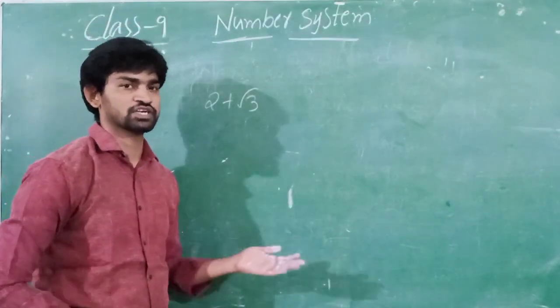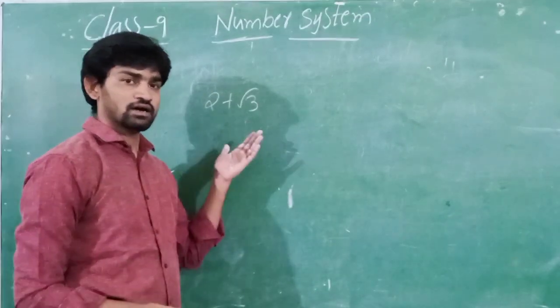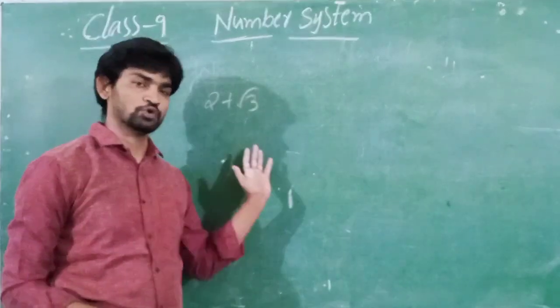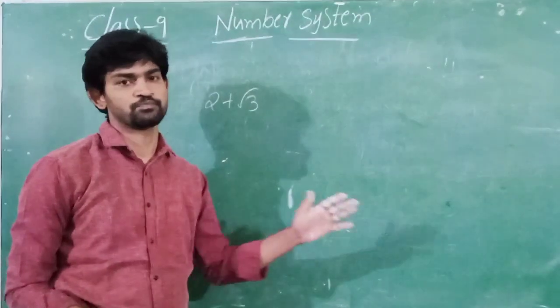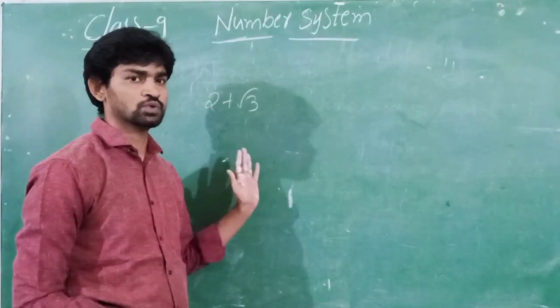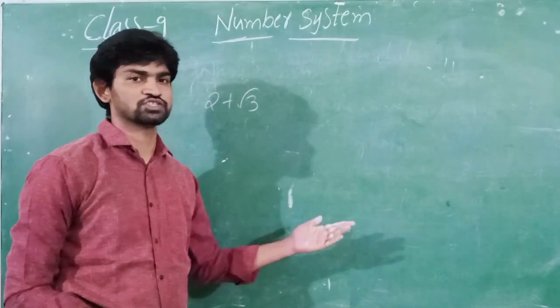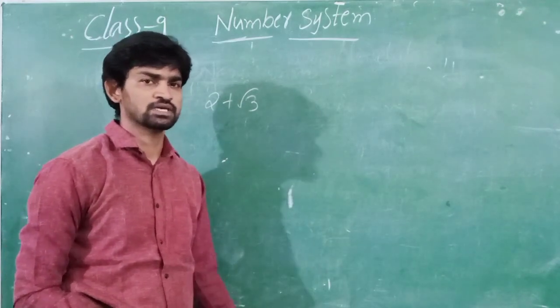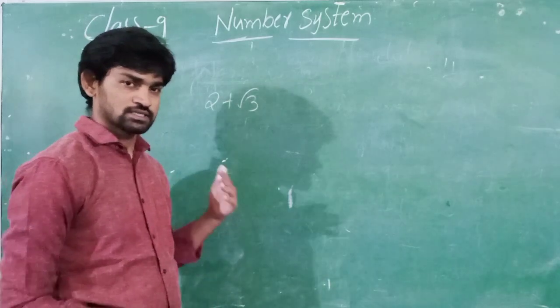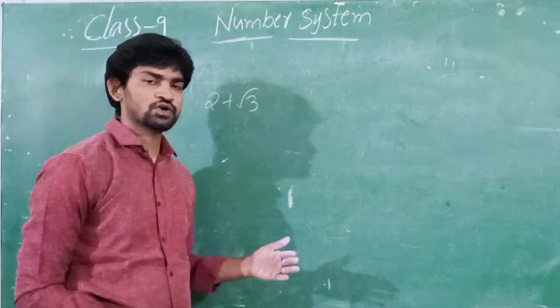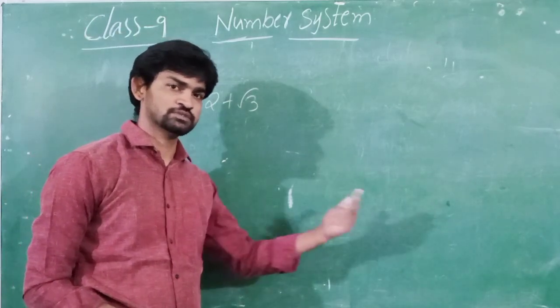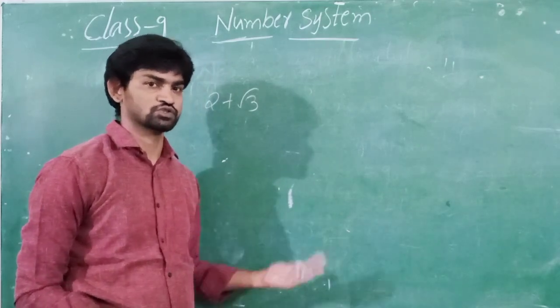Now what is the conjugate of this? I should get both product and sum of the two irrational numbers to become a rational number in conjugate.